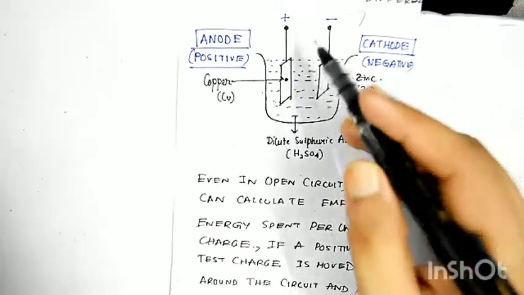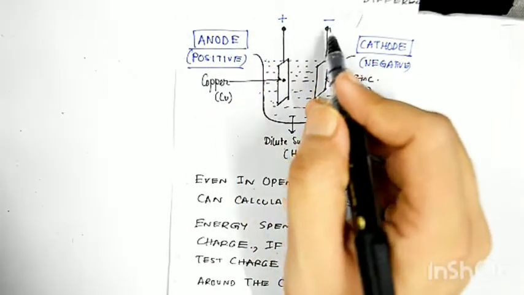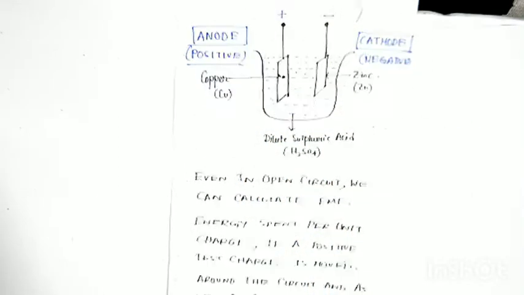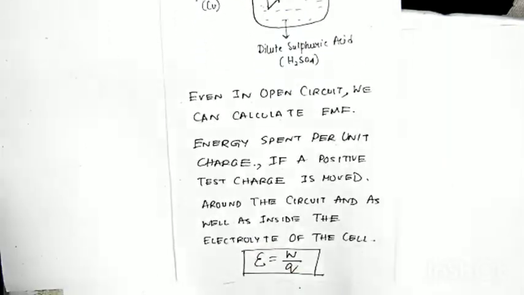So it is not only the circuit but also through the cell.